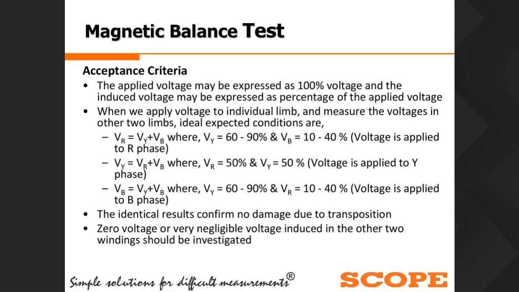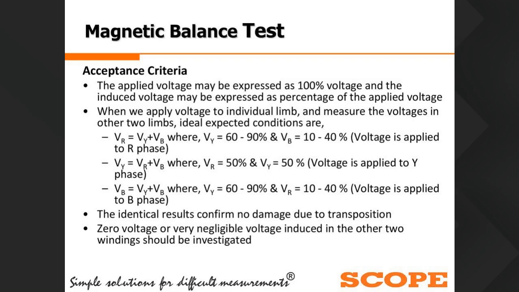If you inject 100% voltage on R phase, the produced voltage on the Y phase should be 60 to 90%, and on the B phase 10 to 40%. This criteria we need to follow.